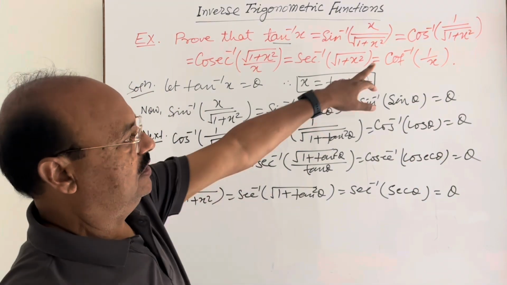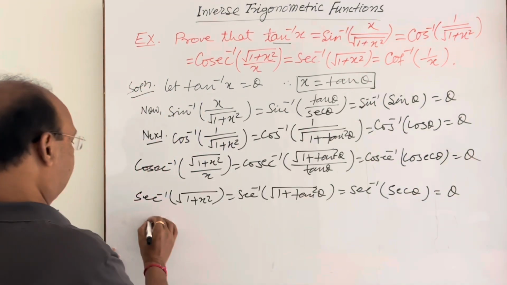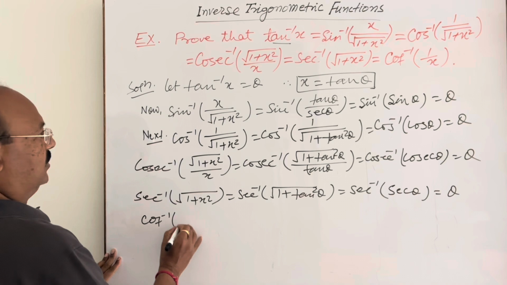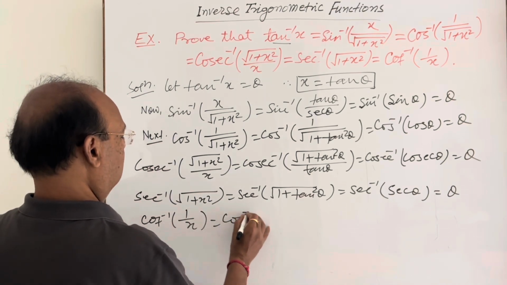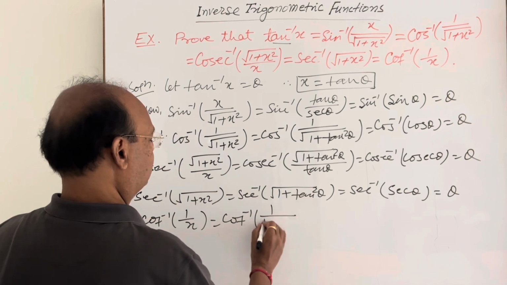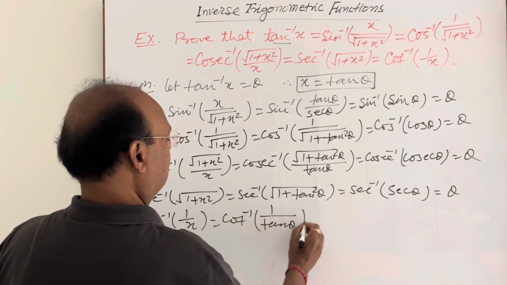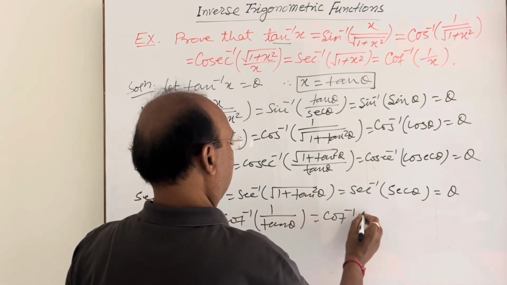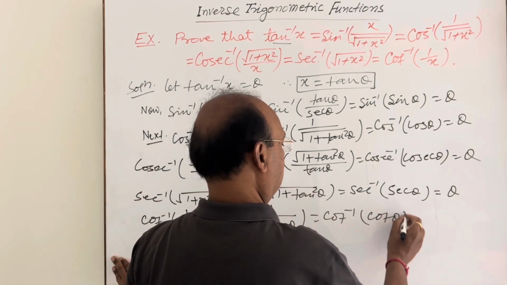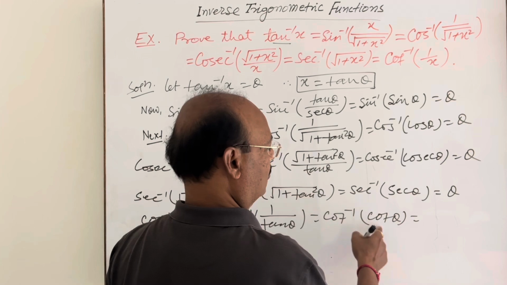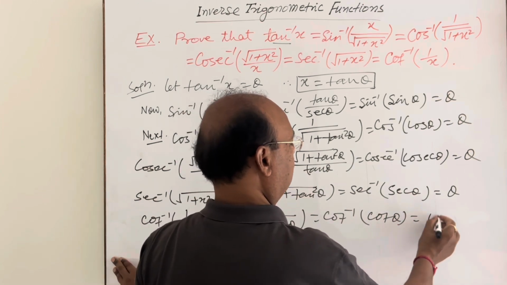Next, last term, cot inverse 1 by x. This is cot inverse of 1 by tan theta, which is cot theta, we know, and cot inverse of cot theta is equal to theta.